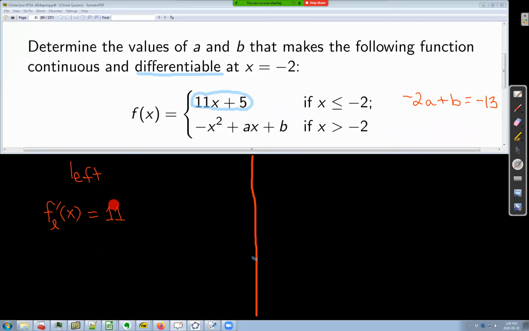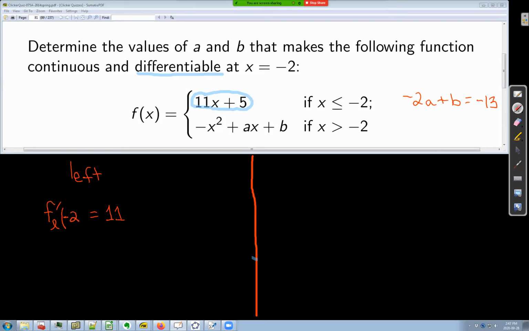So you can use fancy formulas to get that the derivative is 11, or you could just say, hey, this is a straight line with slope 11, and the derivative is the slope, so the derivative has to be 11. So the left-hand derivative is going to be 11. Oh, whoops, I made a little mistake. Sorry, I didn't do anything wrong, but what I should have written here was a -2.